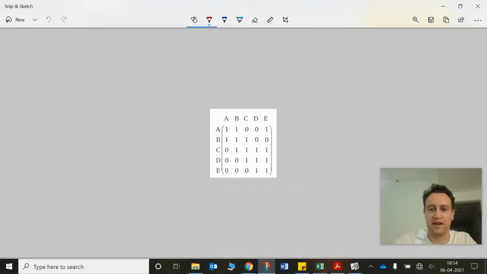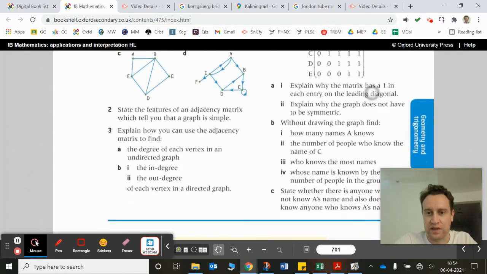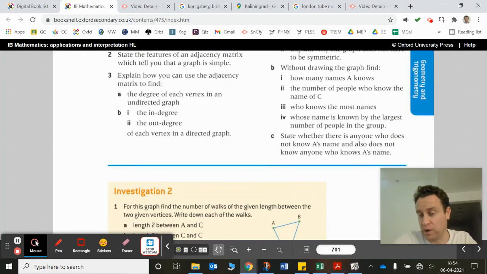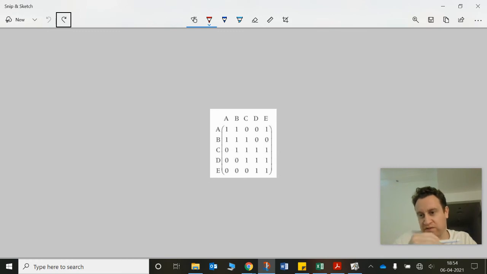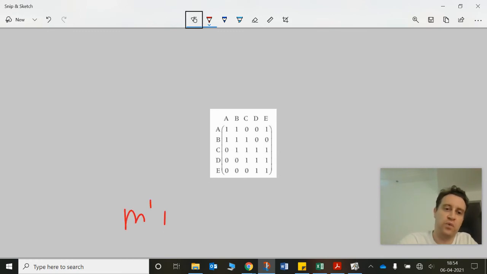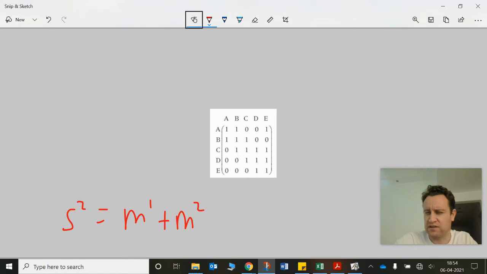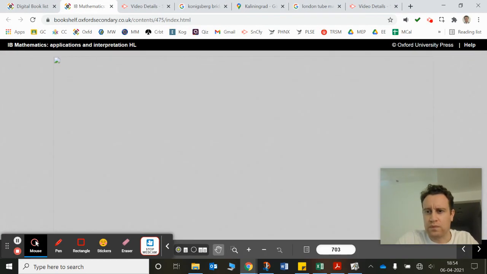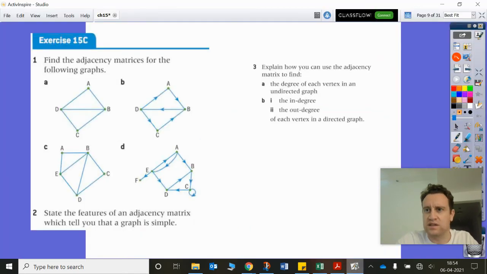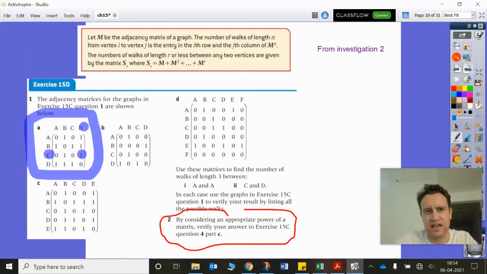If we want to know the answer to the question, state whether there is anyone who does not know A's name and also does not know anyone who knows A's name, what we're talking about is this: the matrix to the power of 1 gives us all of the walks of length 1, but what we want is the walks of length 1 plus the walks of length 2, and that gives us what they're calling S. Let's have a look.